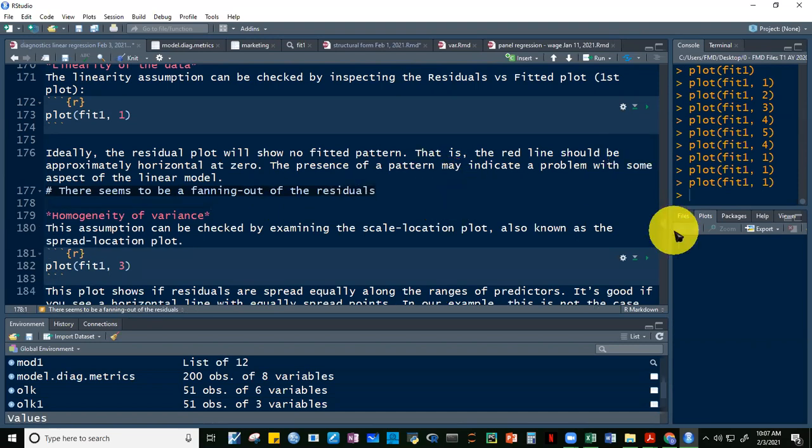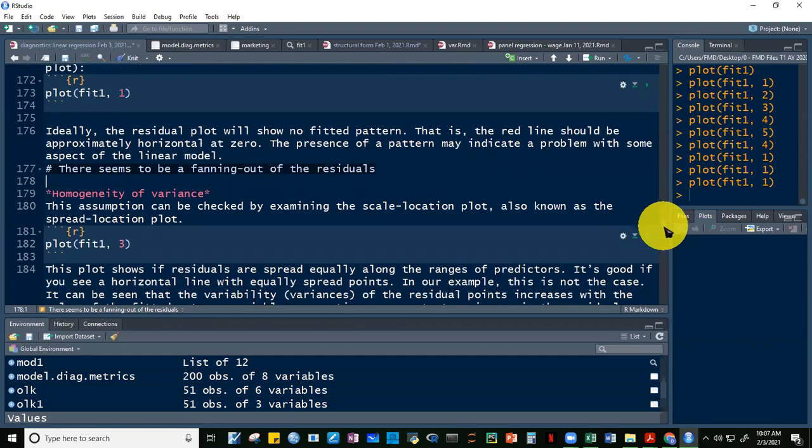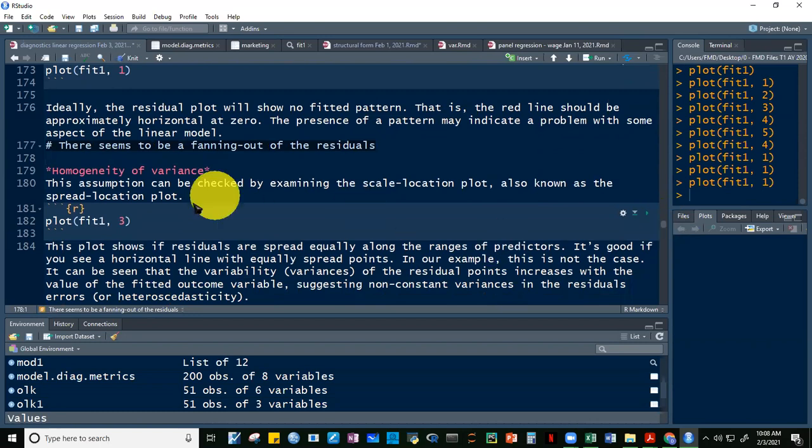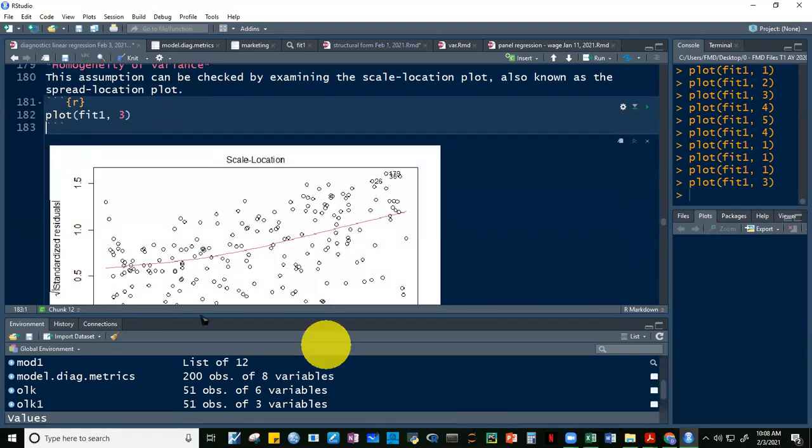Right? So yung linearity nila makikita sa plot 1 yon. Yung naman yung heteroskedasticity, yung homogeneity ng variance natin, nasa plot 3 yon. Okay. Ayan, no?